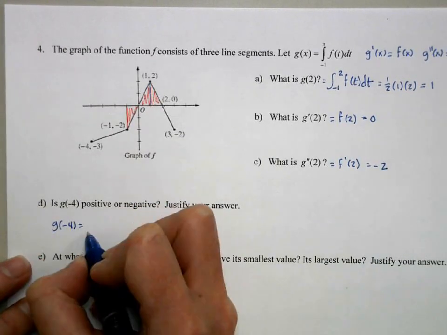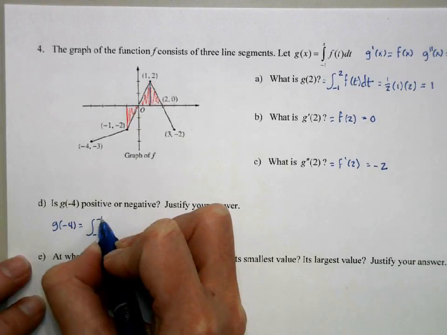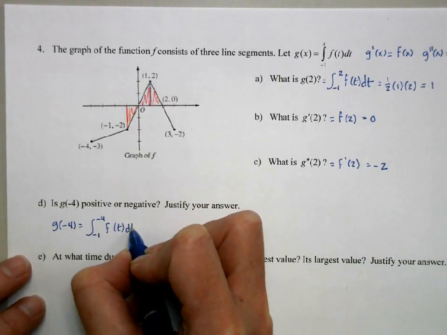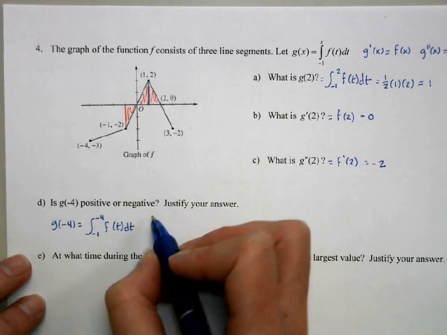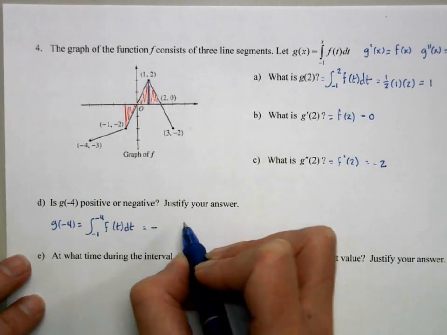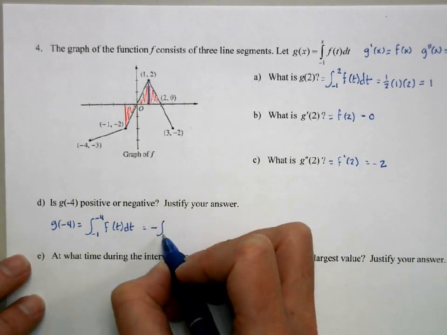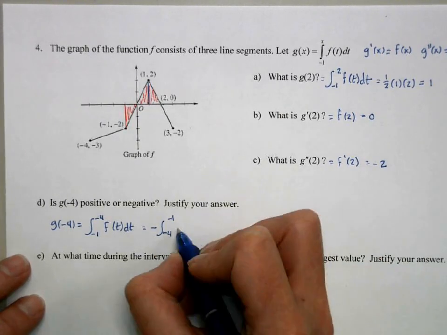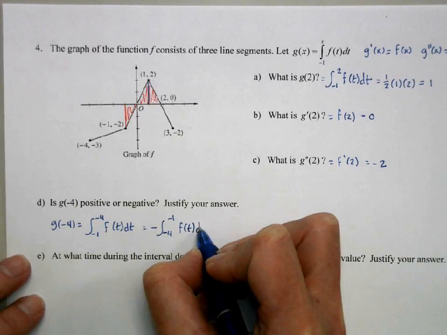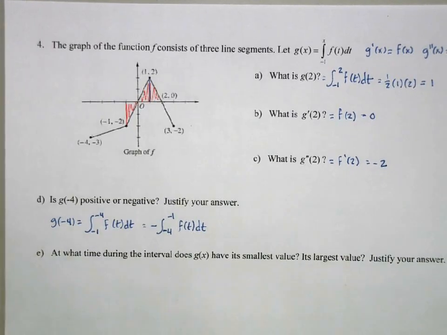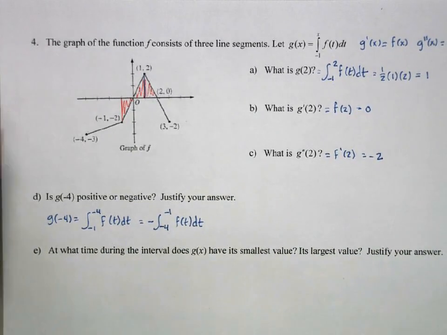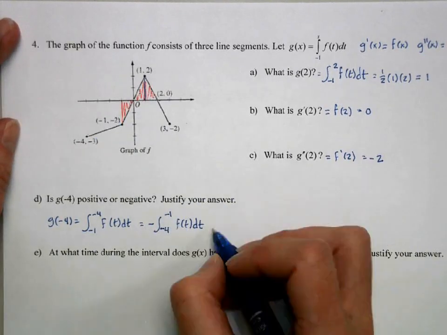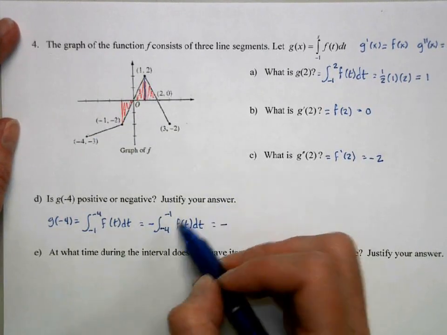Well, I'm going to rewrite this as the opposite of the integral from -4 to -1 of f of t. It's not asking me for the value, it just wants to know if it's positive or negative. So it's negative times the integral from -4 to -1, which is going to be a negative value. So a negative times a negative is a positive.